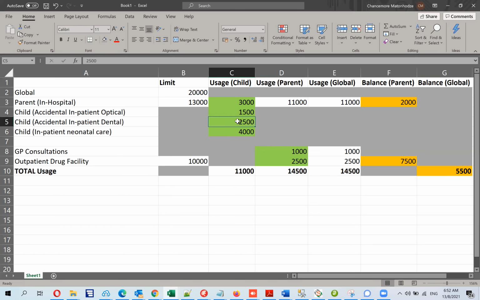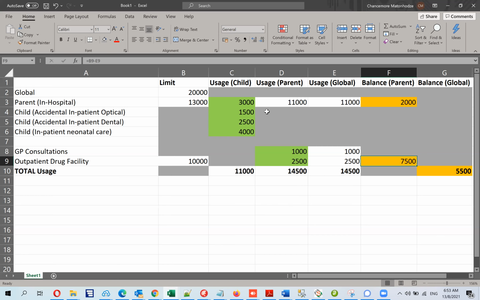And this directly goes and affects the usage on the parent in hospital. It affects the global limit usage, and the balance on the parent is now 2,000. The balance on the global is now 5,500. This outpatient drug facility has not been affected.